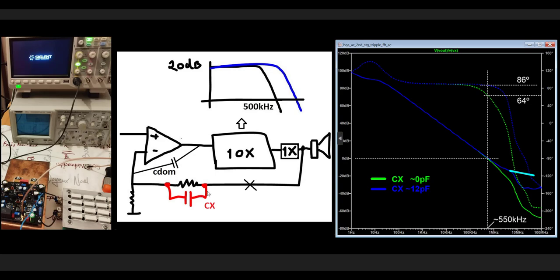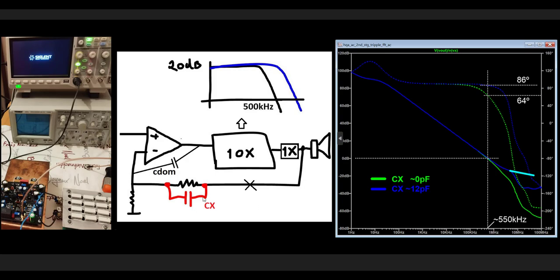But to check the impact of this CX on the open loop gain, I have done a sweep. We have this sweep here with 2 values, 0 pico and 12 pico. This is the response of the amplifier, and we can see that the gain at low frequency is equal for 0 or 12, but at high frequency we can see some differences here.